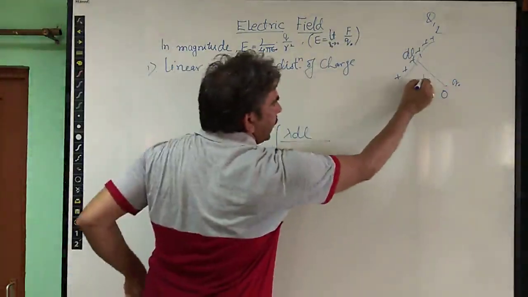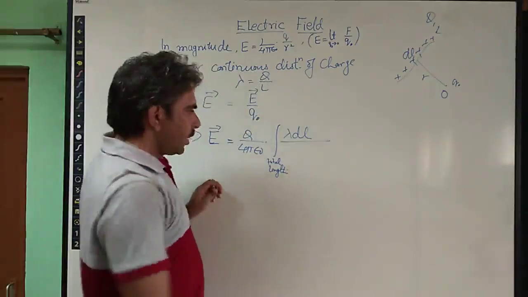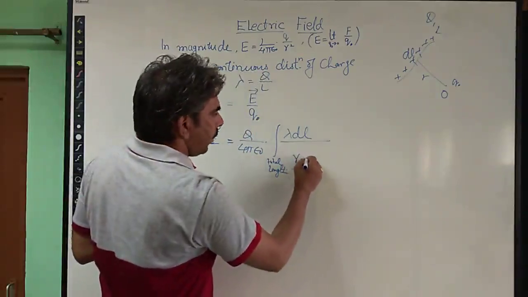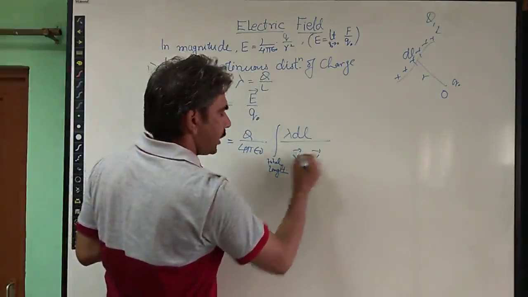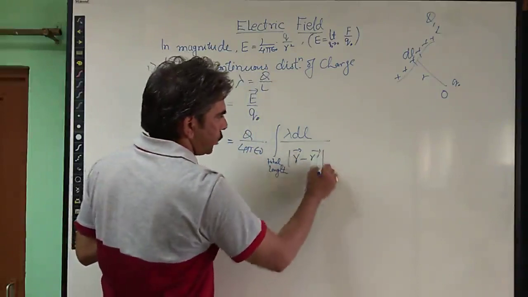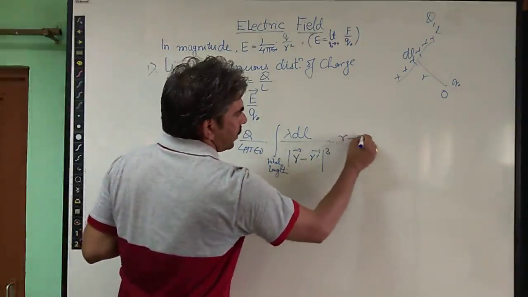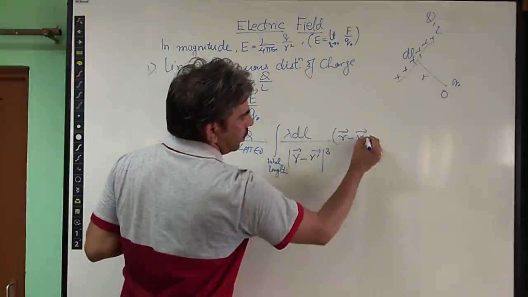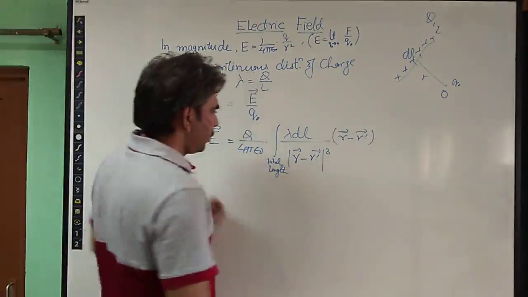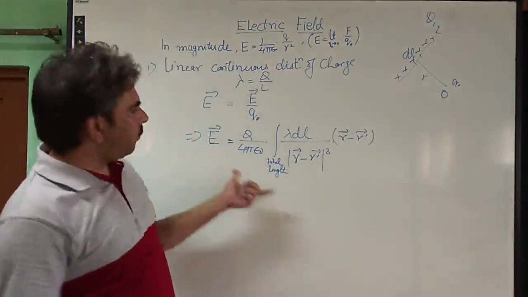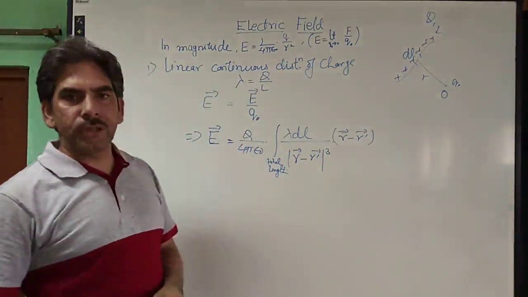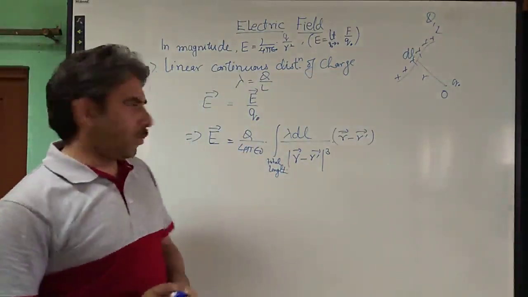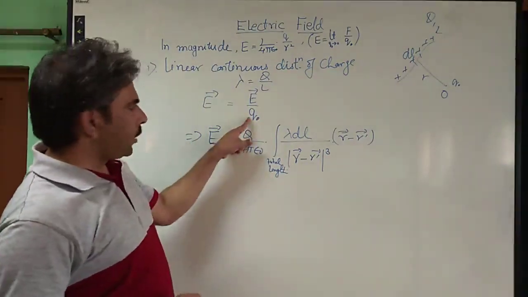Let it be represented by r. So you can simply write it as the magnitude of r minus r dash in terms of position vector, power 3, times the vector r minus r dash. This is the expression we write in a very similar manner as we wrote it in the case of electrostatic force. We simply divide it by q naught.